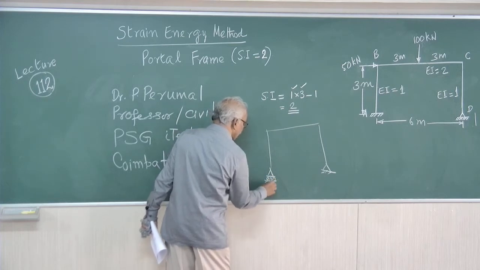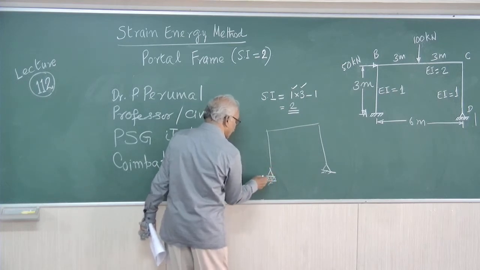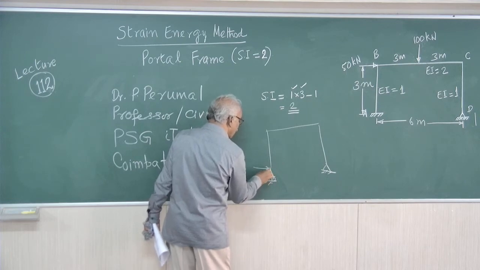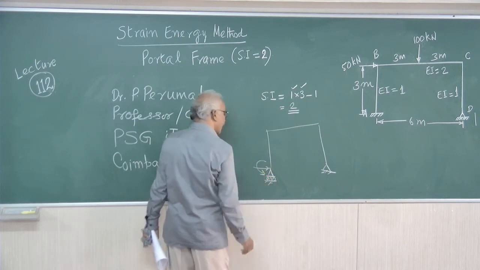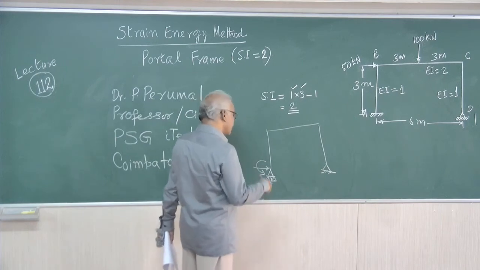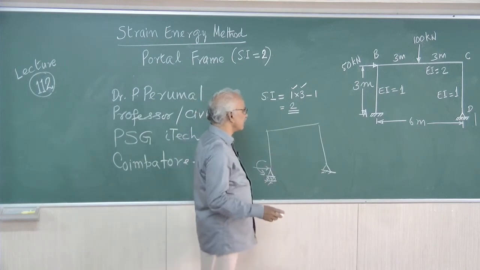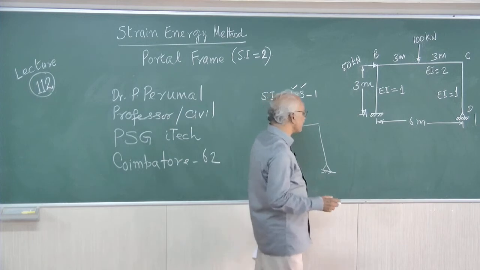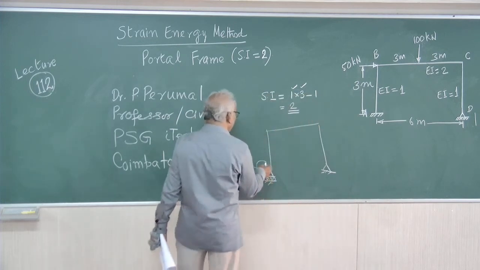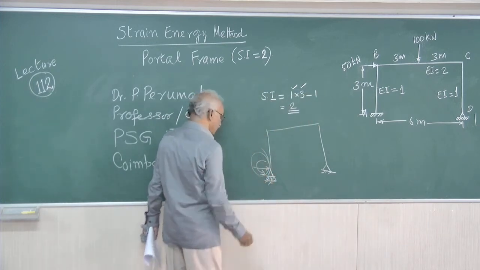That is, we are removing a horizontal component and also a moment. It can be done like this. It can be done in a number of ways, by removing any 2 redundant forces.